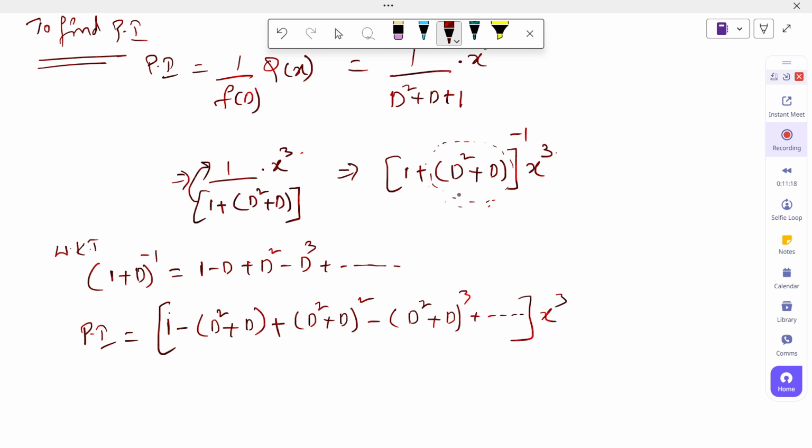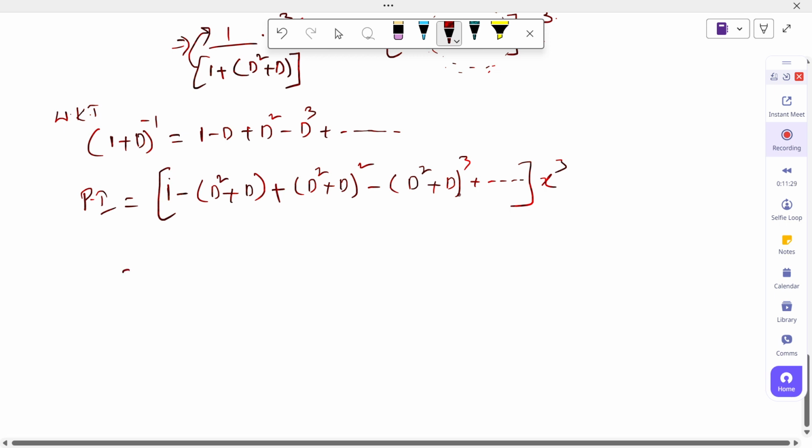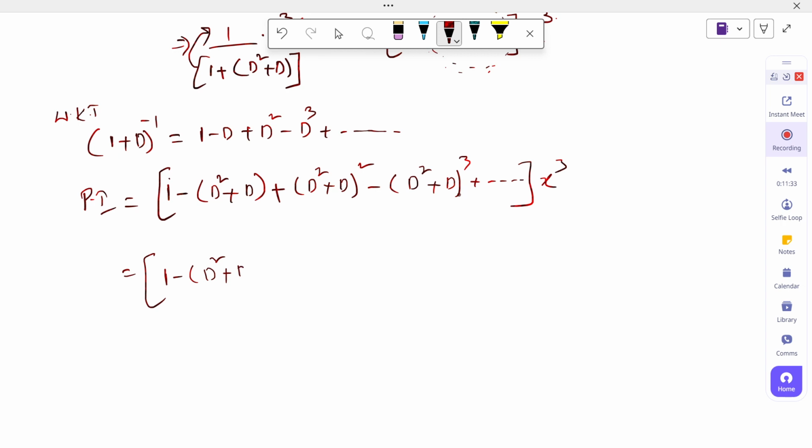Because next, for the 4th, 5th derivatives and so on, it is going to be 0. Now what you have to do is open this one first. It equals 1 minus D square plus D, then plus the a plus b whole square formula.